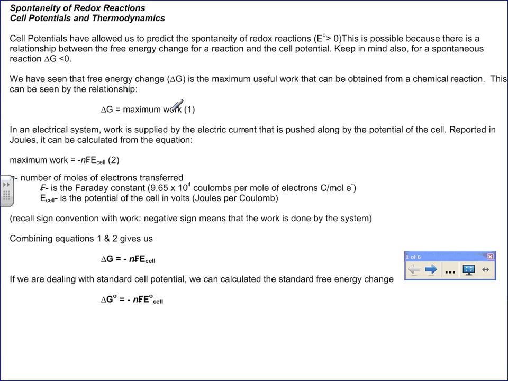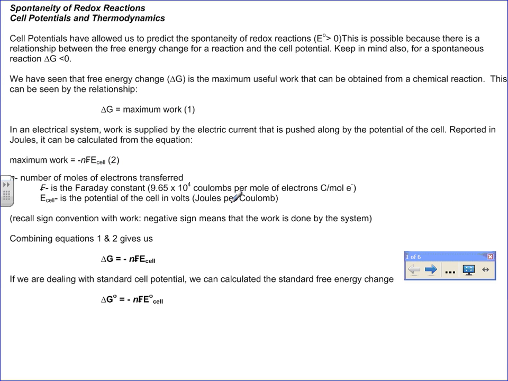And there's a relationship that exists. It's negative nFE cell. And how this is derived is using Faraday's constant. Faraday's constant shows us the amount of coulombs of charge per mole of electron. And we can use this in conjunction with the cell potential of a reaction, which is the amount of joules per coulomb, like voltage is the joules per coulomb of charge.